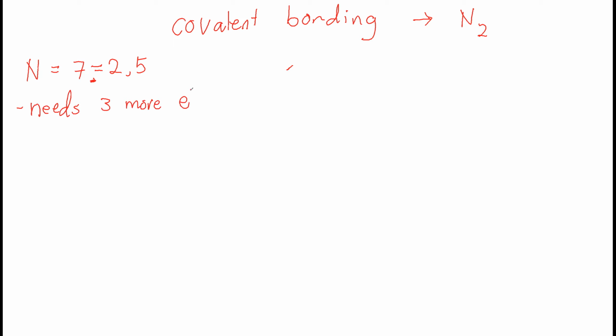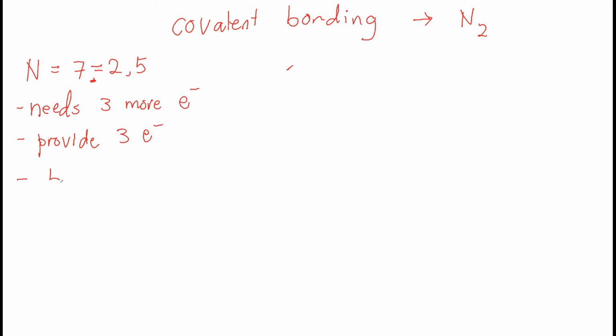Now, because of the concept of equal sharing of electrons between the 2 atoms involved in the covalent bond, for this nitrogen atom to gain 3 more electrons, it needs to also provide 3 electrons to the bond.